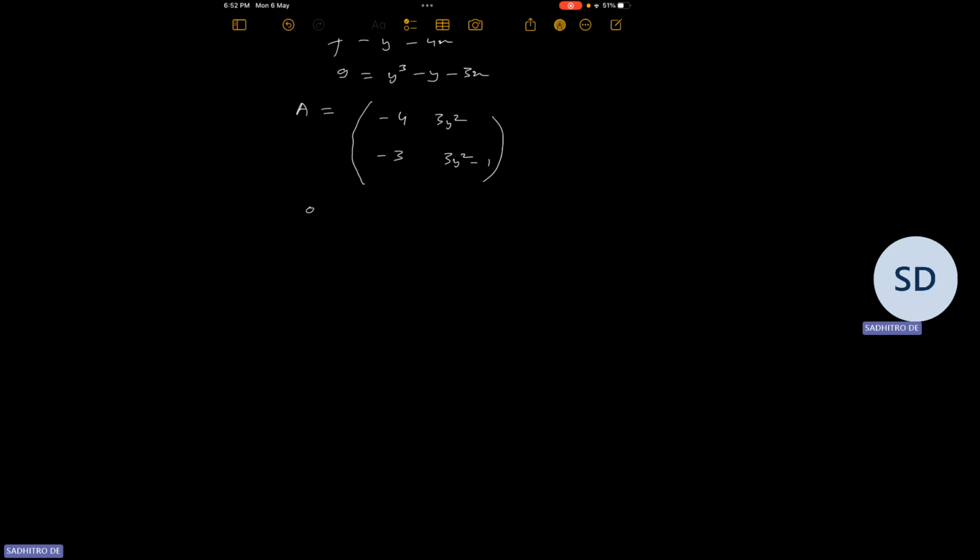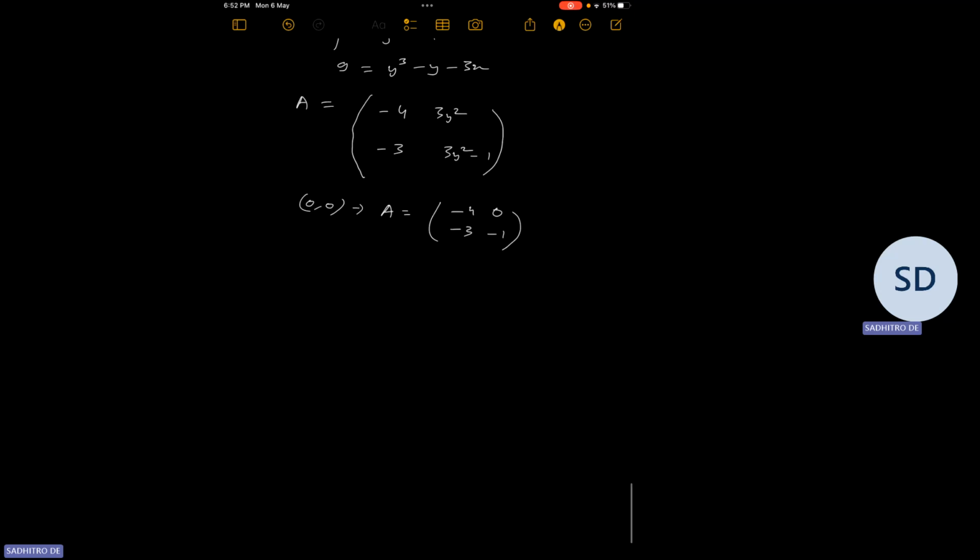Okay. So for the fixed point at the origin, which is 0, 0, we find that the matrix A is given by minus 4, 0, minus 3, minus 1.